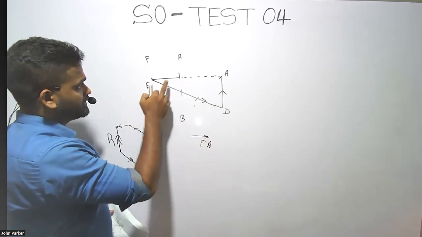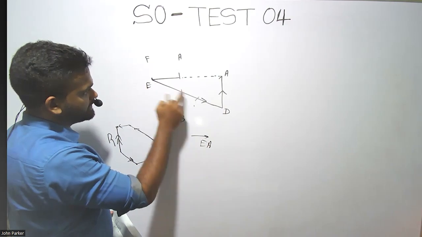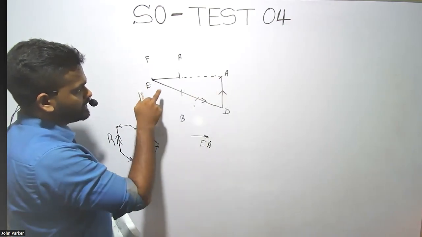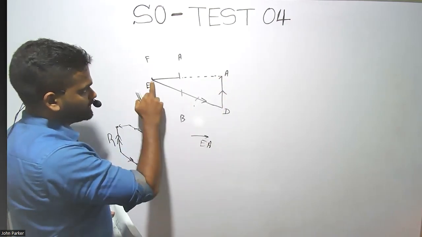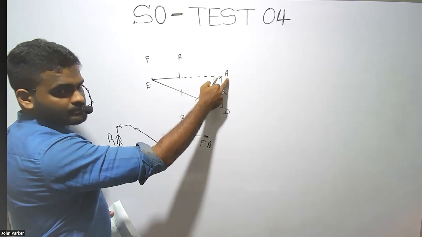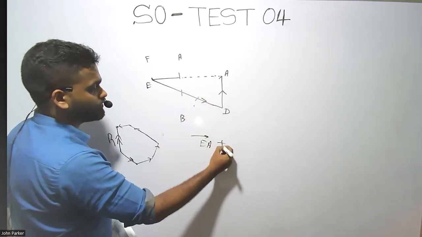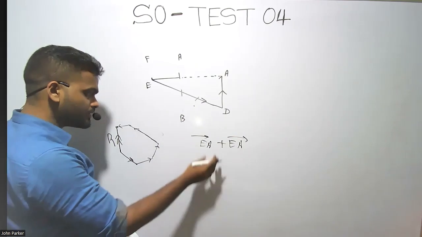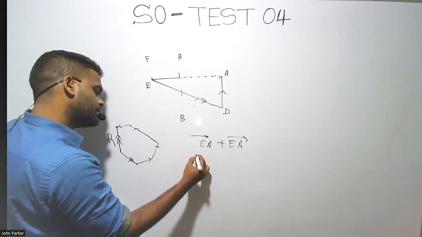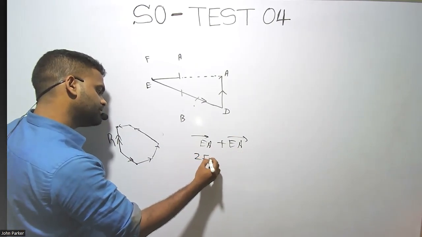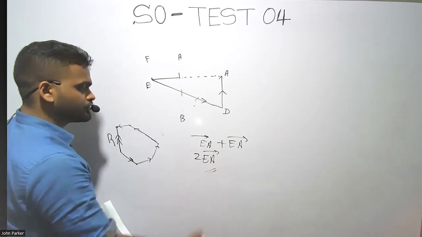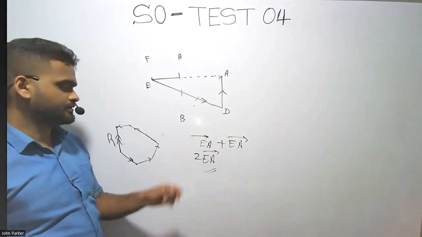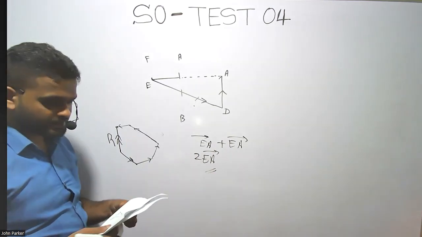Then what is remaining is the vectors ED and DA. Those vectors also start from E, end at A. So that creates another EA to this side. So EA plus EA. So the whole system can be reduced into two EAs, right? So that's just the polygon method.